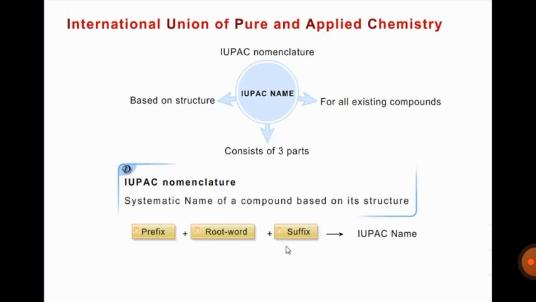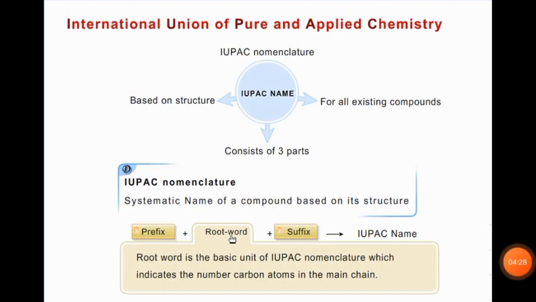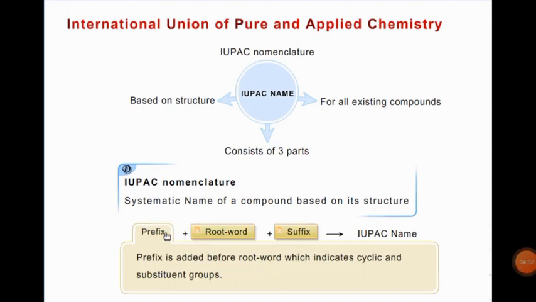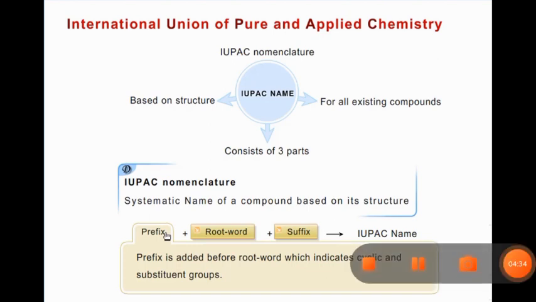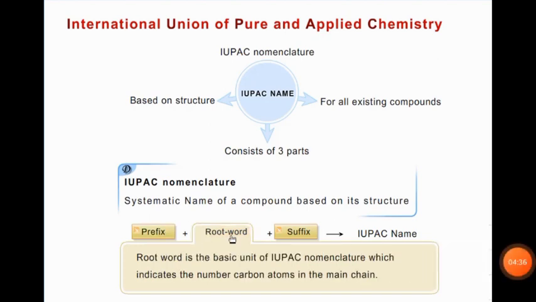It has three parts. The first one is what we call the root word. What is a root word, if you ask? The root word is the basic unit of IUPAC nomenclature, which indicates the number of carbon atoms in the main chain.